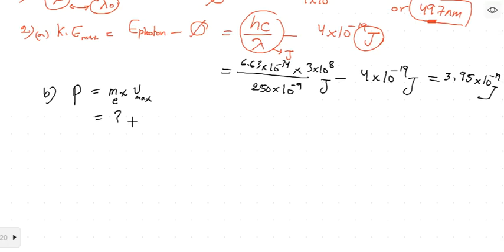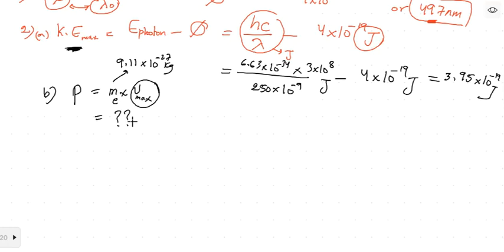To find this momentum, you need to find the speed. The mass is constant and always given, like 9.11 times 10 to the power minus 27 kg. This is the mass of the electron. The maximum speed I don't have, but I can get it from the kinetic energy I found.